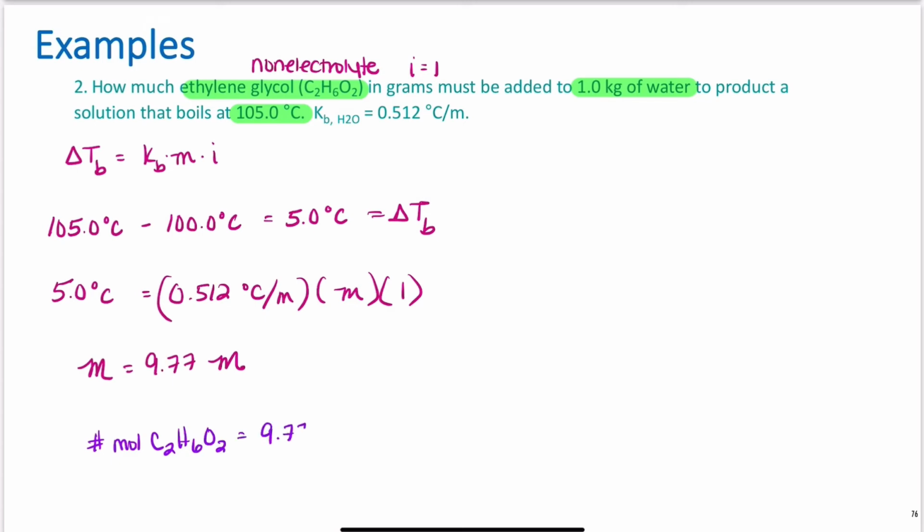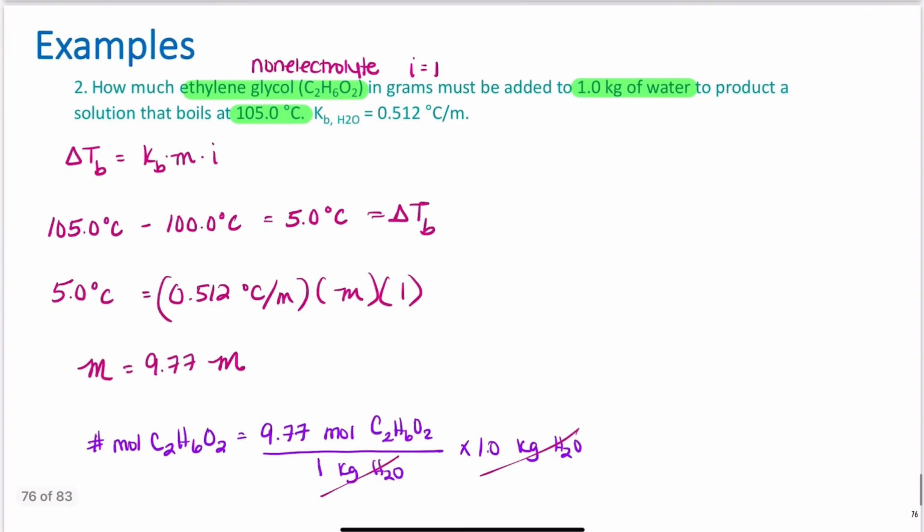I've got 9.77 moles of C2H6O2 to 1 kilogram of water, and I'm told I'm actually using 1 kilogram of water. So I know I need 9.77 moles of ethylene glycol.